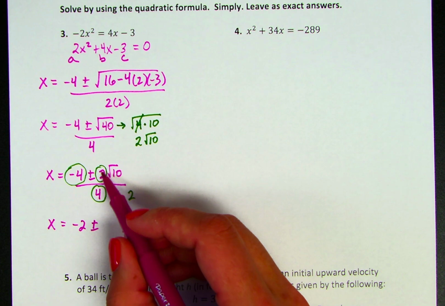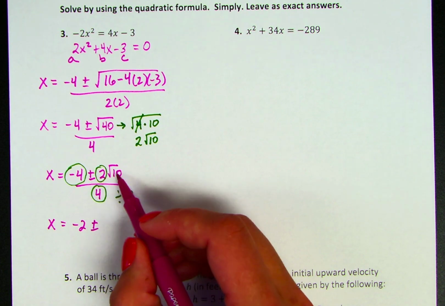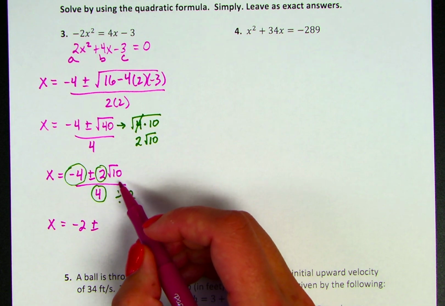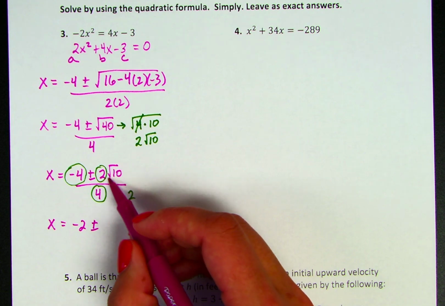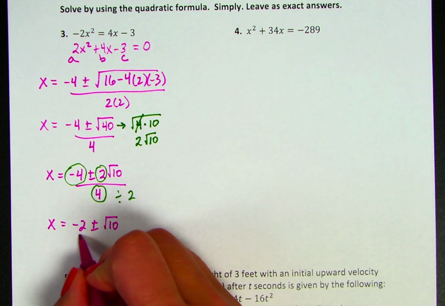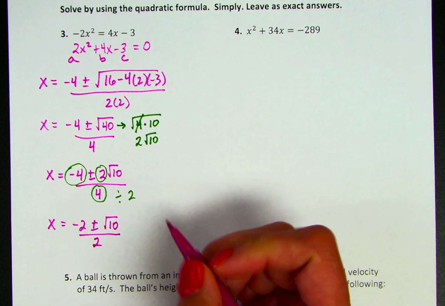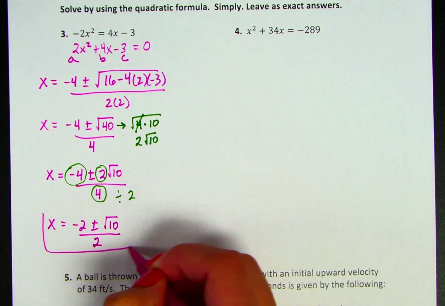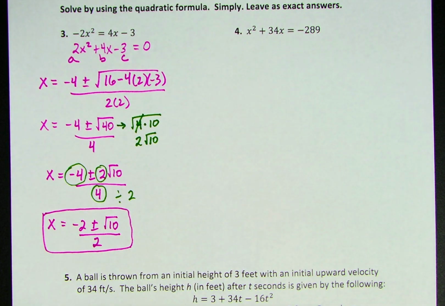Because if I divide this by 2, I get a 1 here, but I'm taking that 1 times the square root of 10, so I don't need to write it since there's an extra term with it. So this will be square root of 10, and then 4 divided by 2 is 2. So that will be my final answer for that problem.